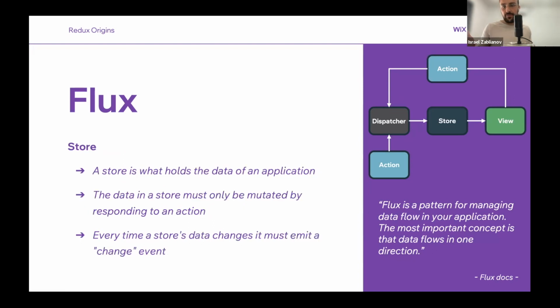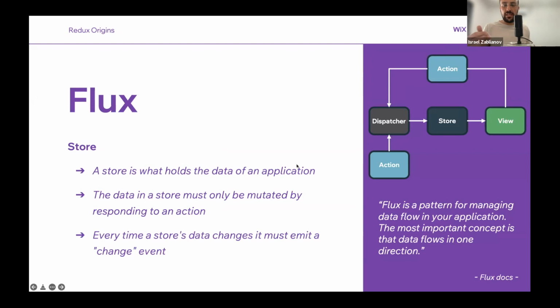The store is just a data store. Basically, it can be a class or a function that manipulates some data. The only rule is that the data the store manages can change only using an action, meaning only if an action came to the store can the data be mutated.